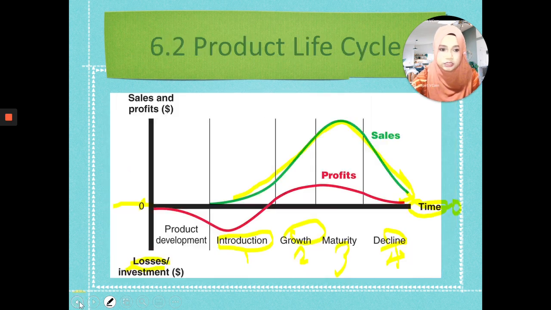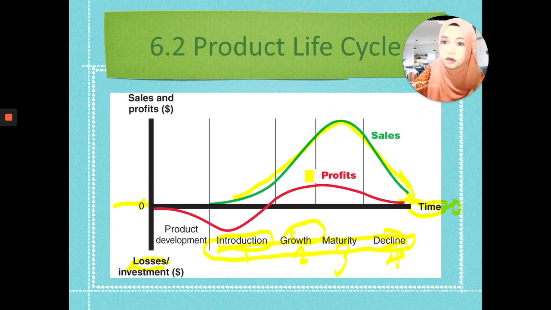What is important about this product life cycle is the whole stage here. Normally in the classroom I will ask you to draw this so that you will remember how the product life cycle looks like. So remember, there are sales and profits, time, and then there is a sales curve and also the profit curve.